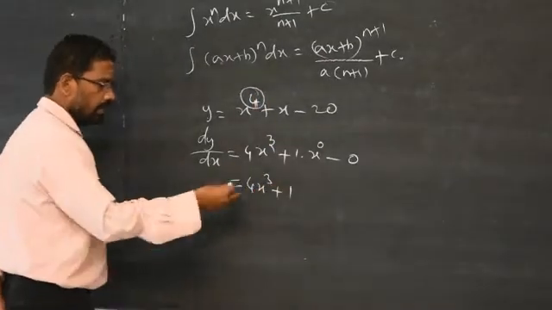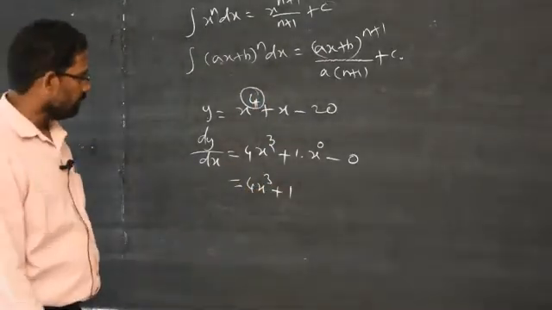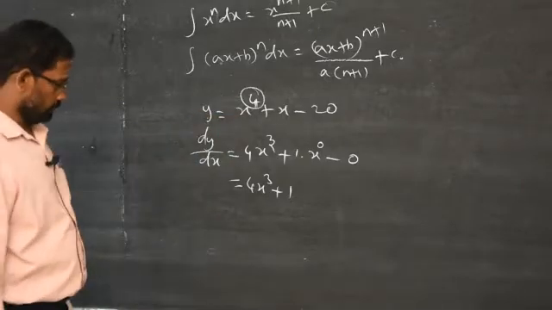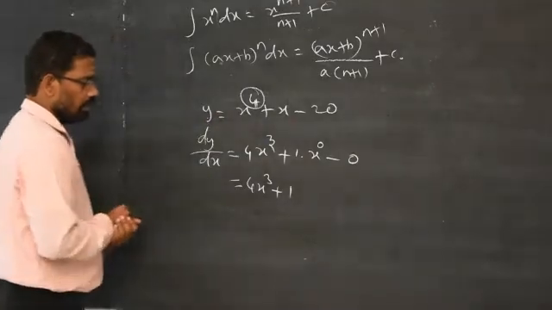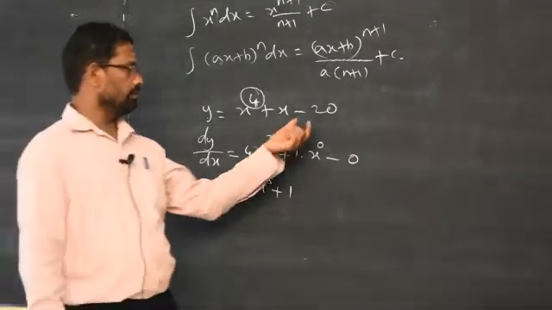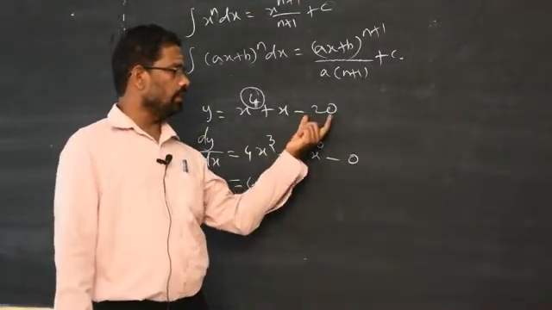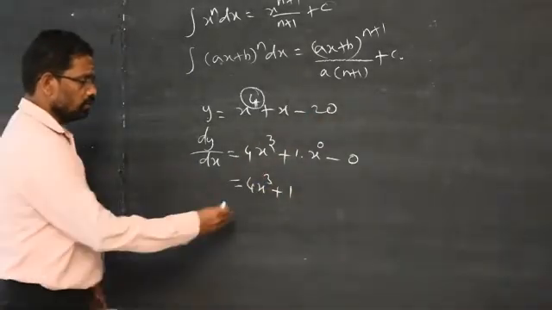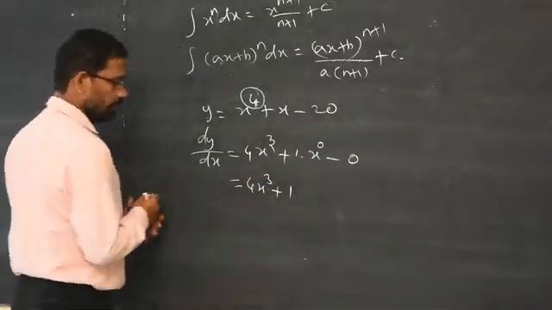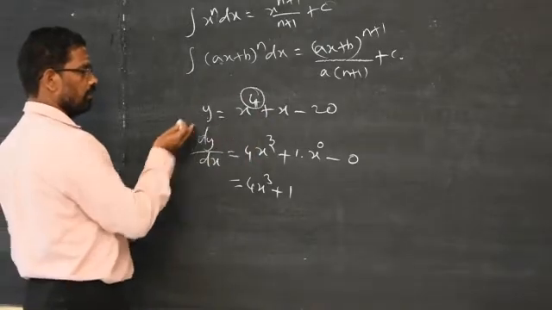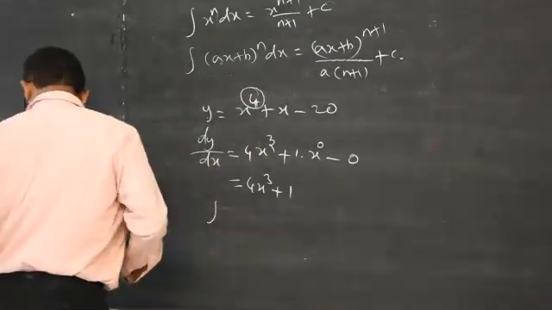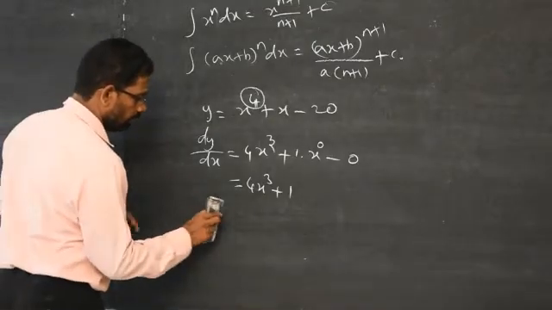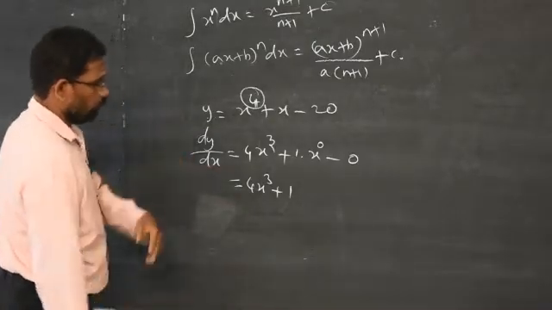Now the reverse process: if you integrate this, you will get the variable terms alone. You cannot get minus 20, that is a constant. When you integrate this derivative, you will get the function y. This is the derivative of the function y.